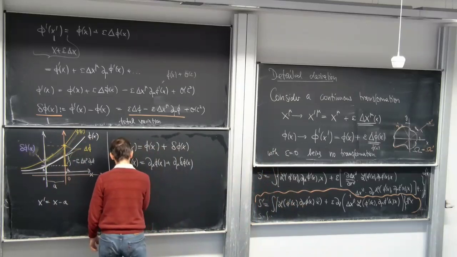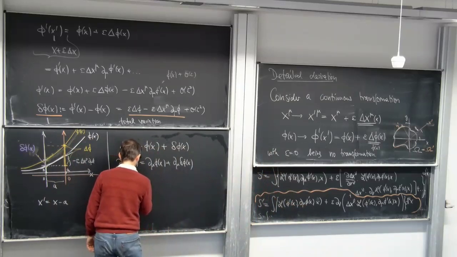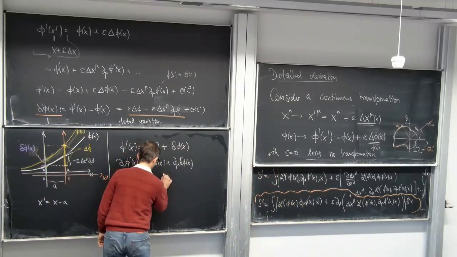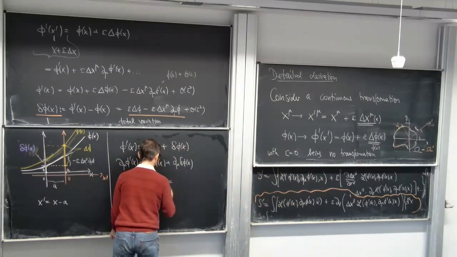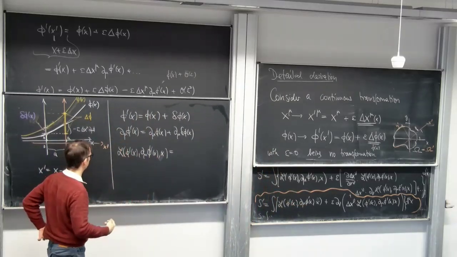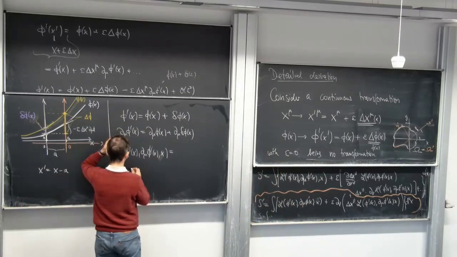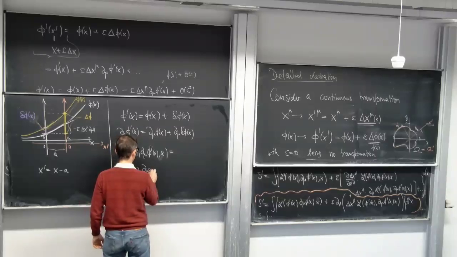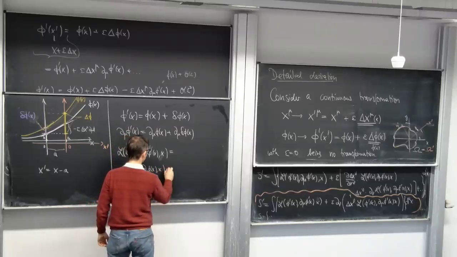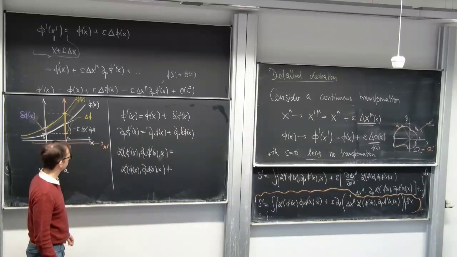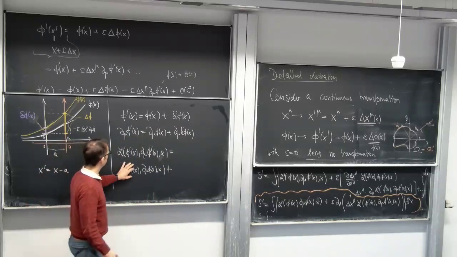L of phi prime of x, d mu phi prime of x, and x is equal to, we've done this when deriving the equation of motion, so these steps are known. The zeroth order is L of phi of x, d mu phi of x, x. Now comes the first term of the expansion.